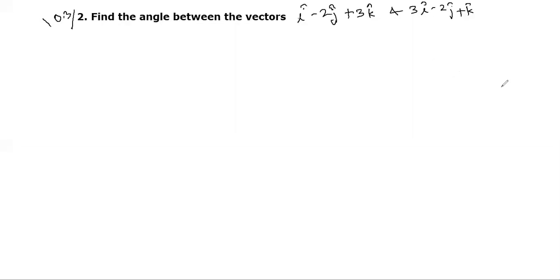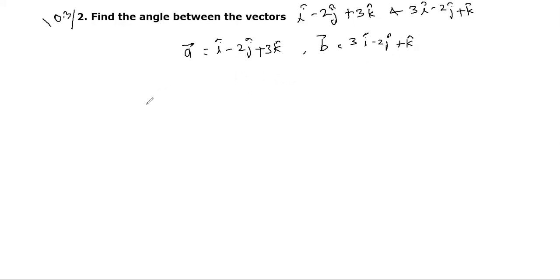Okay, so question number 2 at 10.3. Vector A is given as i minus 2j plus 3k, and vector B is 3i minus 2j plus k. Find the angle between them.